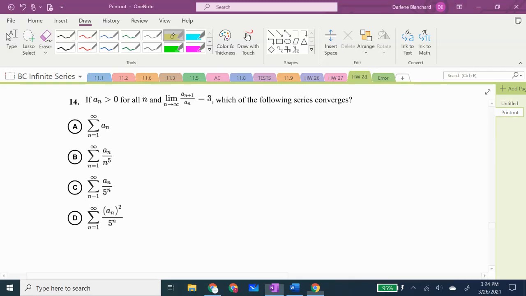If you take a look at this limit, that is pushing ratio test.